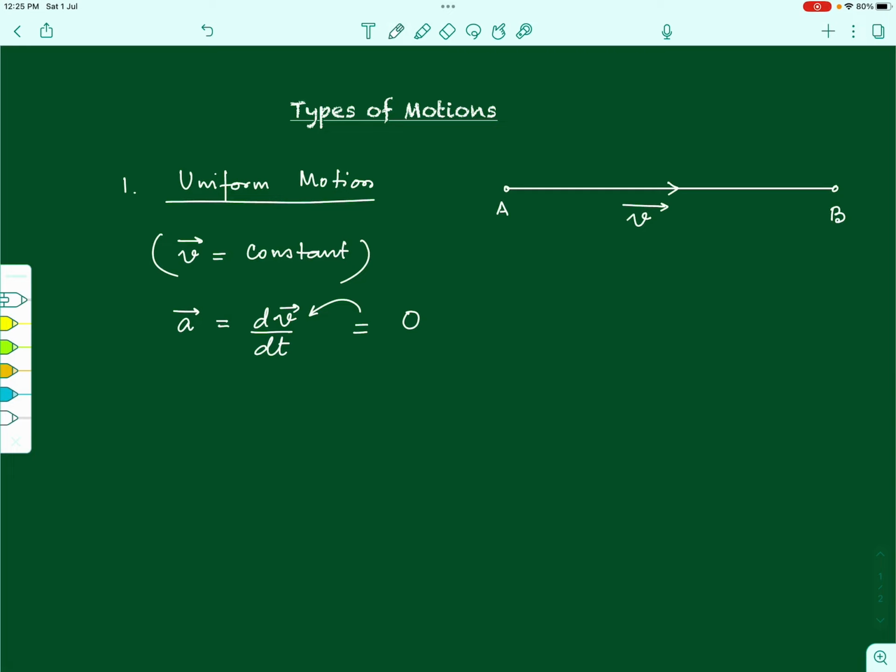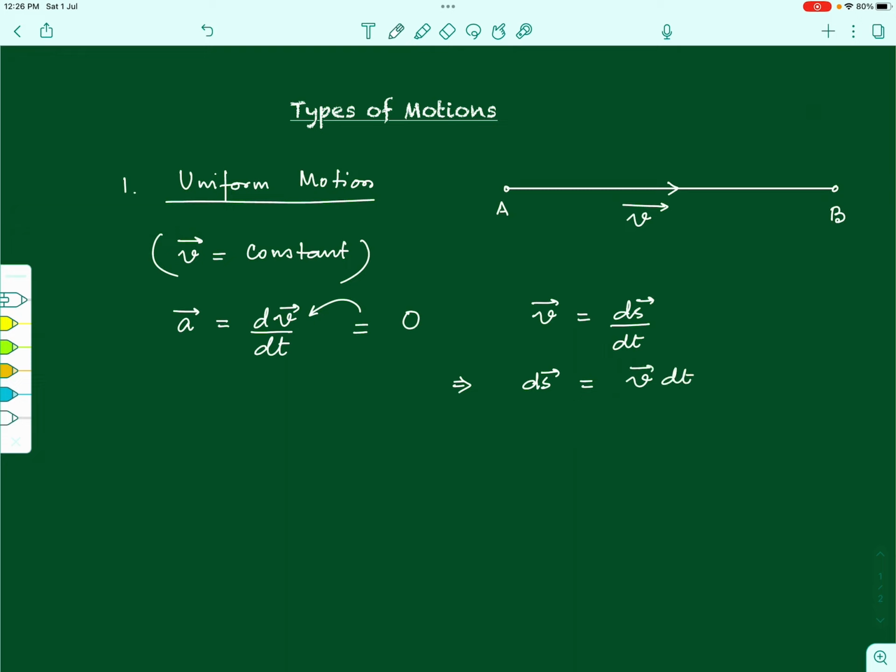We can start by taking up the expression v is equal to ds by dt, which is the defining expression for velocity. It is the rate of change of displacement covered by a body. From this equation, we can write ds is equal to v into dt.